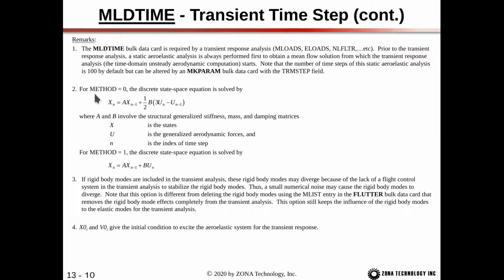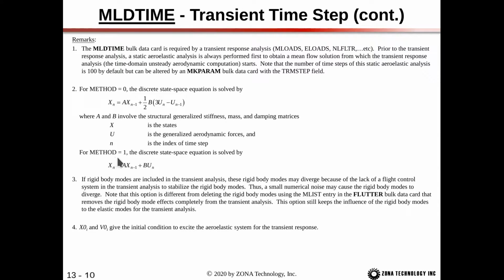Now we'll talk about the time solver method. So for method equals 0, the discrete state space equation is solved by this equation, where our A and B matrices involve the structural generalized mass, stiffness, and damping matrices. X are the states, U is the generalized aerodynamic forces, and N is the index of the time step.